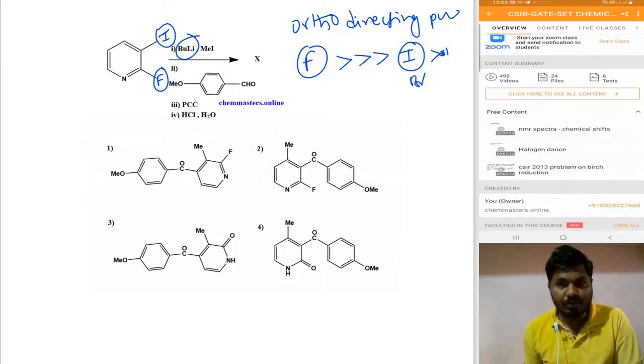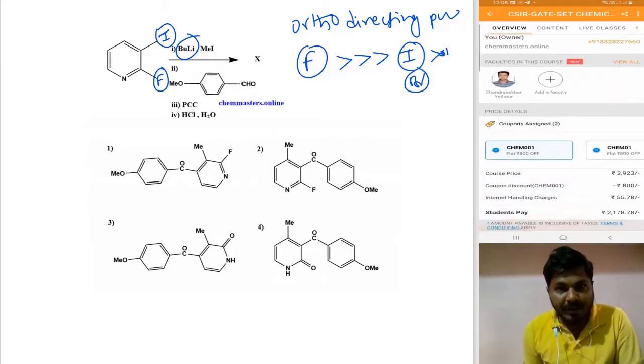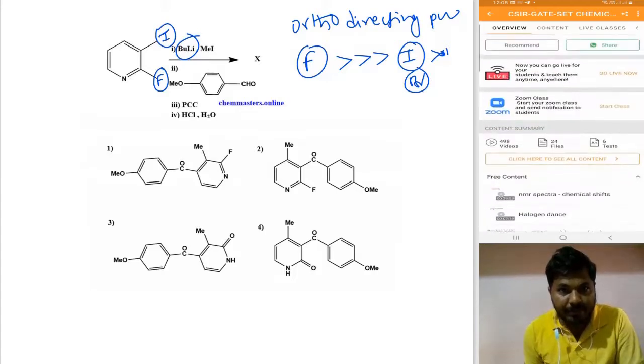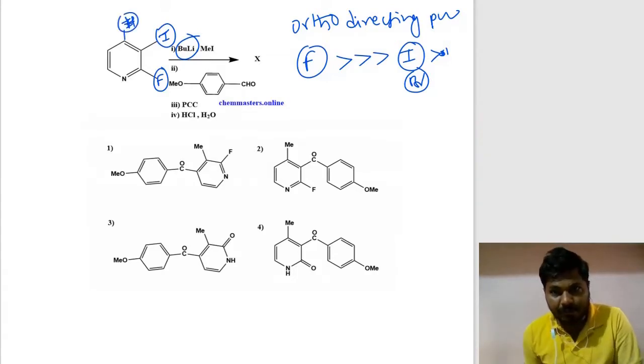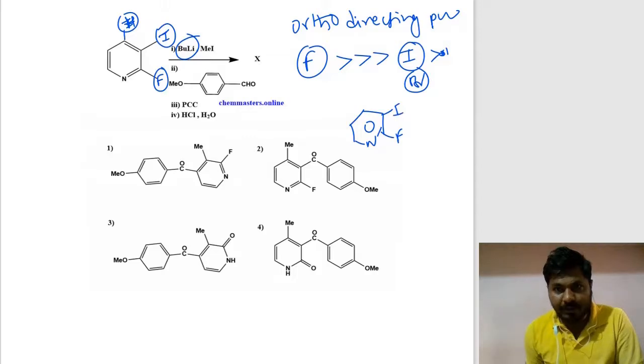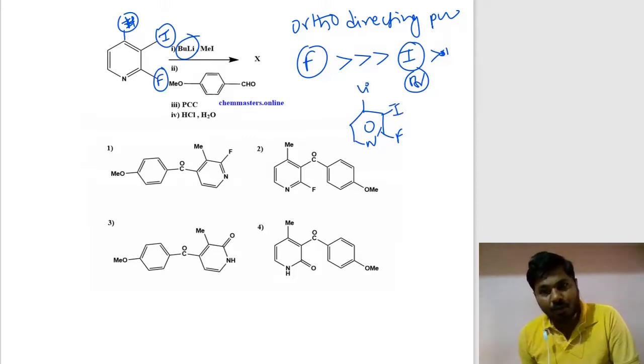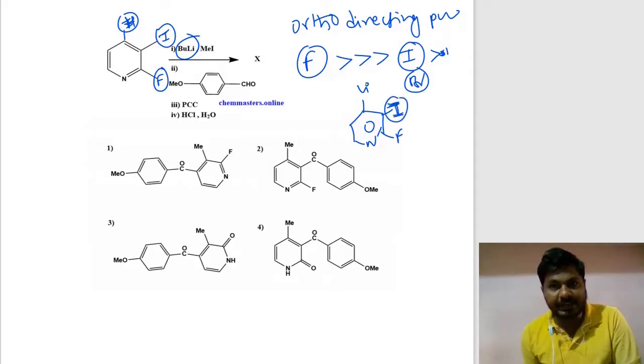Okay, so here in the first step the butyl lithium, the base, abstracts a proton, and it forms this. So here is the fluorine, here is the iodine, and here is the lithium. Now but as I said, iodine is a weak ortho-directing group when compared with fluorine. That's why iodine lithium exchange takes place.